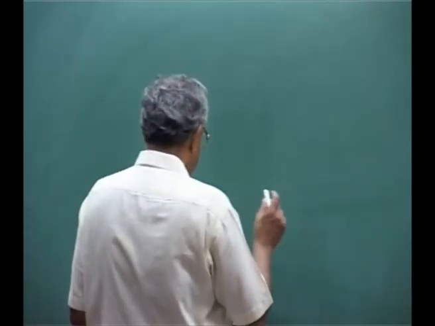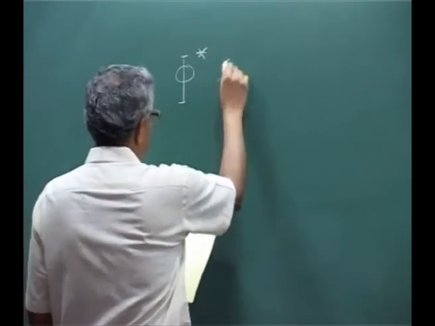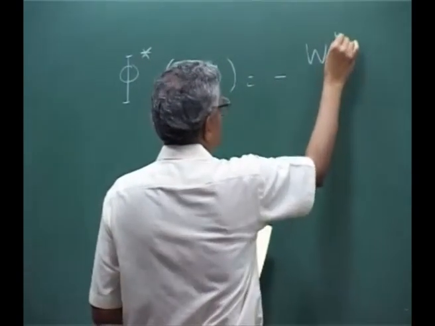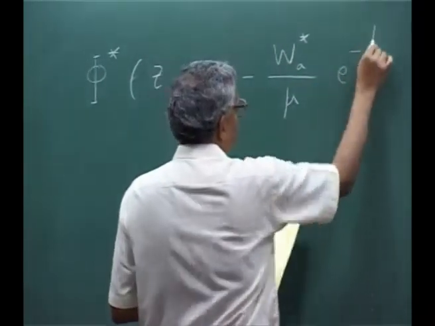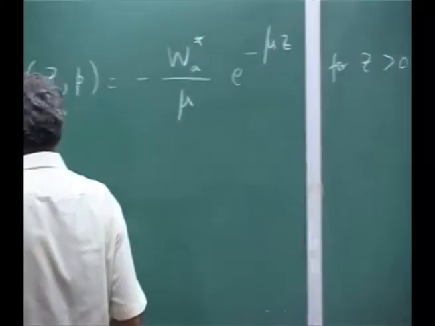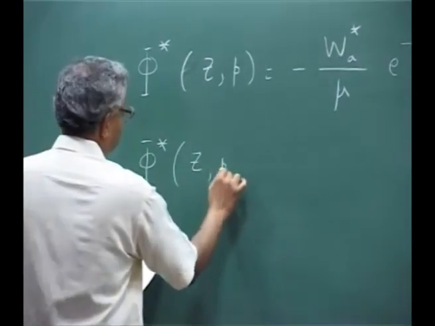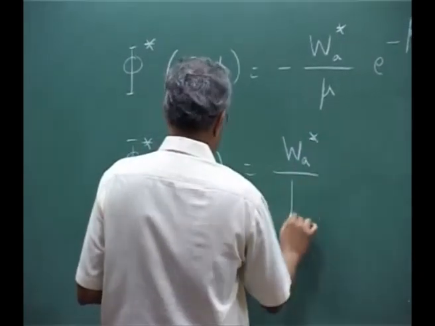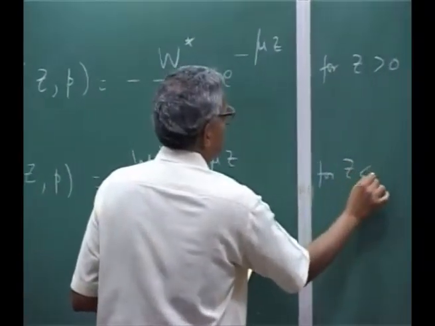We wrote the solution of the potential, phi star, minus W on the aerofoil, minus mu z for z greater than 0, and then we had this for z less than 0.